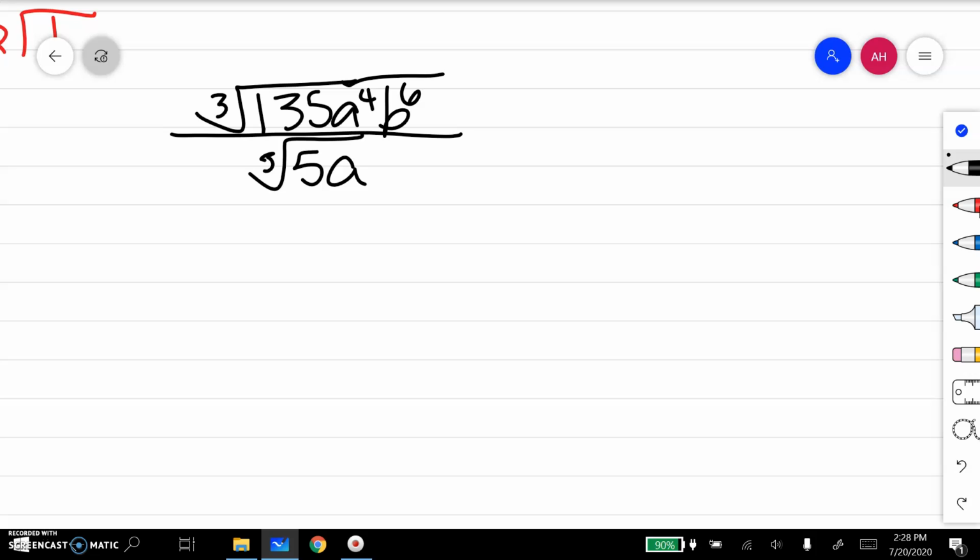So again, what we want to do with these fractions first is see if we can simplify them. If you look at 135 and 5 here, these are both under a cube root, so we can divide that out. So 5 goes into 135 27 times. Okay, so I know that I can reduce that just down to 27.